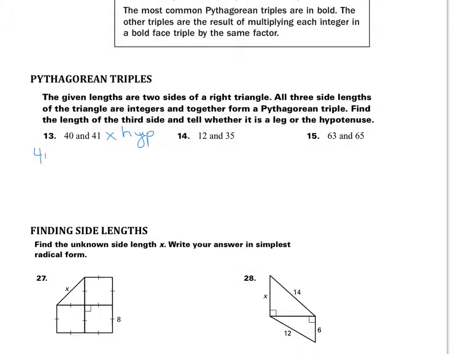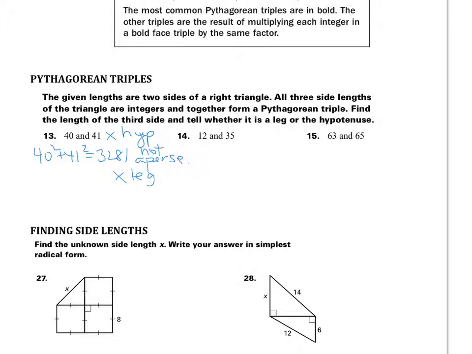If that were the case, 40 squared plus 41 squared would be a perfect square. And if you test that, that's not a perfect square. And then when x is a leg.